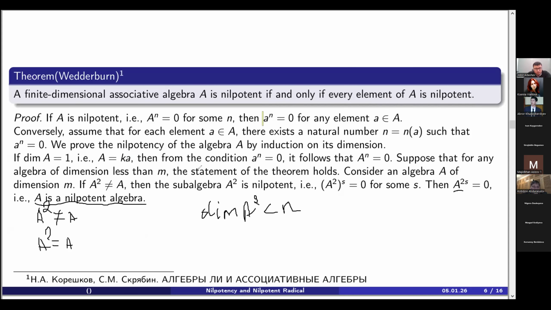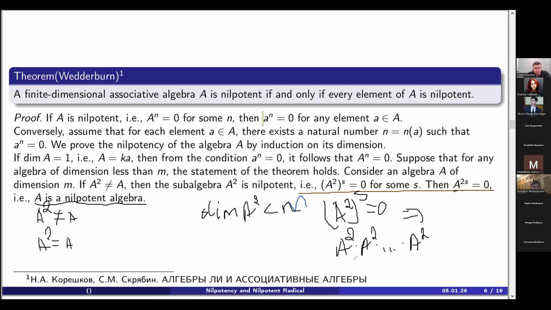Just wait, I didn't understand this part. Then A square multiplied by A square s times is equal to 0.